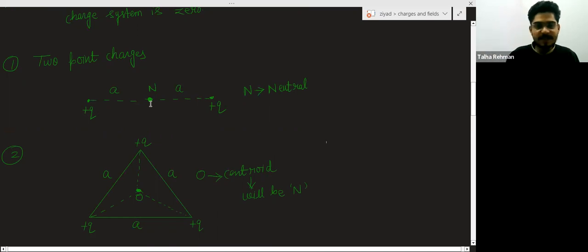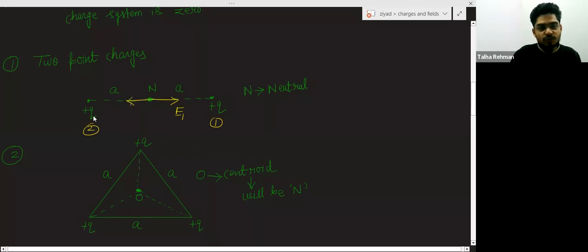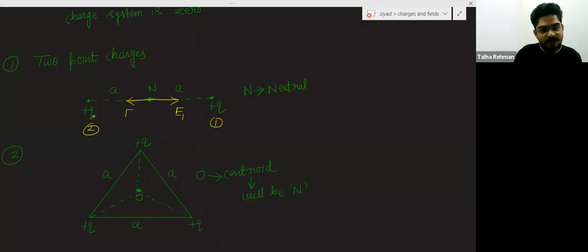The reason is that if you find the electric field due to this charge, it will be in this direction. Suppose this is charge 1 and this is charge number 2. It will be in this direction, E1, and due to charge 2, the electric field will be in this direction. We know that the electric field strength at any point is given by KQ divided by R square.